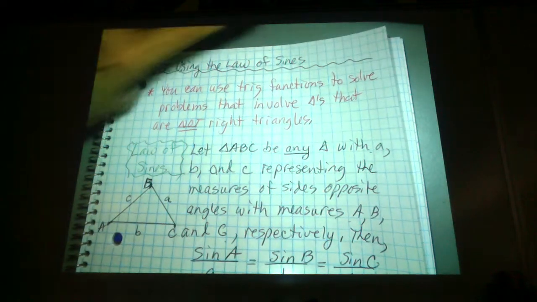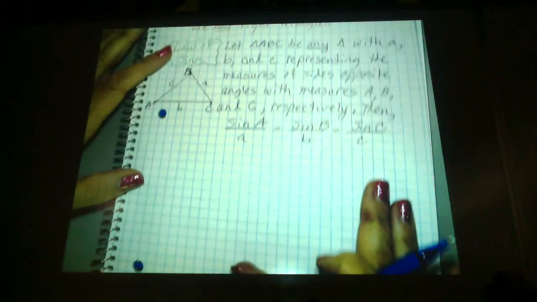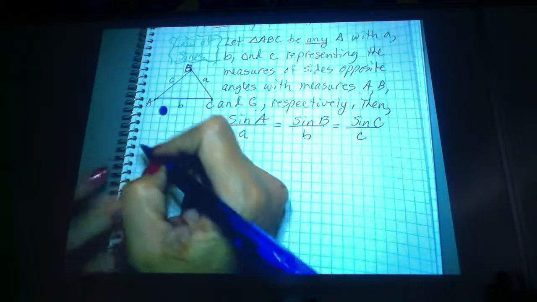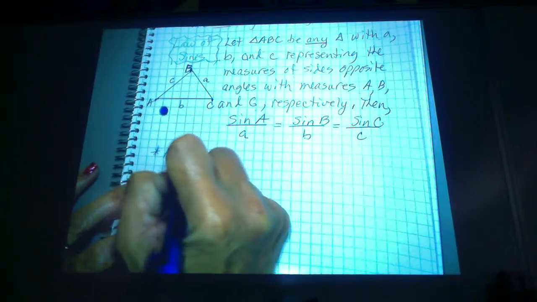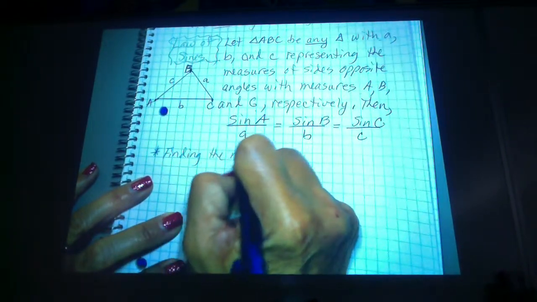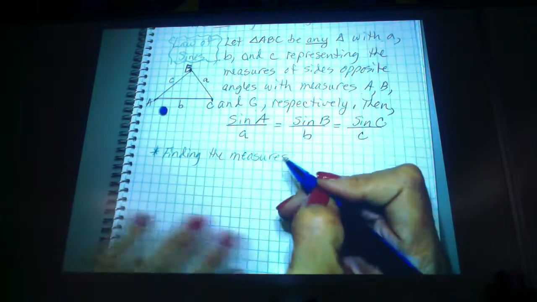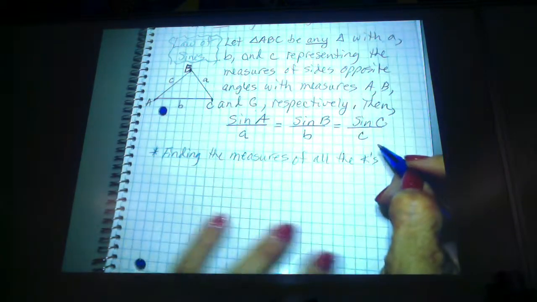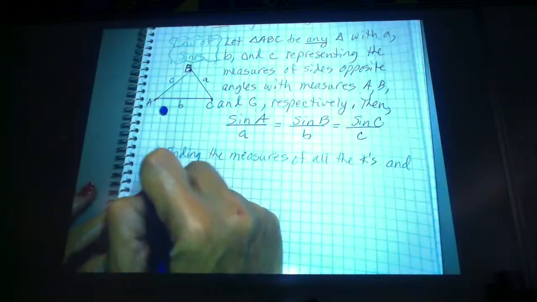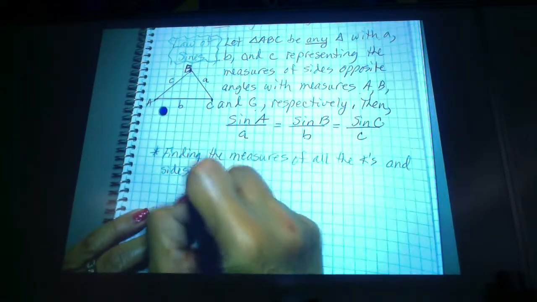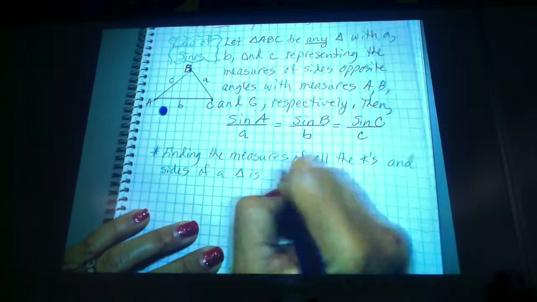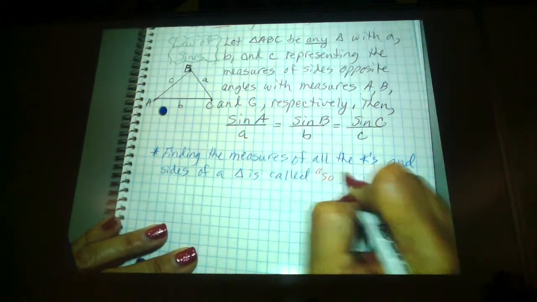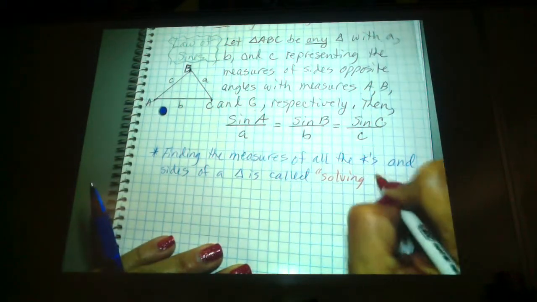Alright, so one more thing, we've got to talk about the different cases in which you might use the law of sines. So write the following down. Finding the measures of all the angles and sides of a triangle is called solving the triangle.